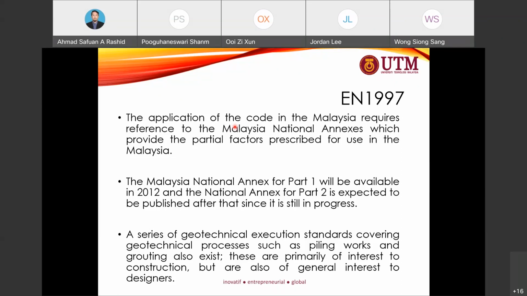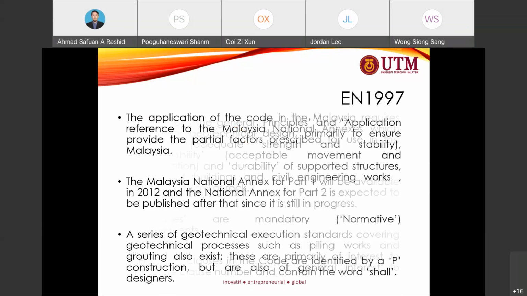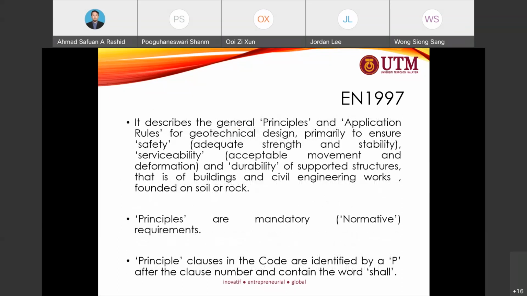Based on my discussion with Prof. Ramli, he is part of the committee for the MS Part 1. He is a member of the technical committee on geotechnical works. He represents UTM, and the other lecturer representing UiTM is Associate Professor Dr. Muhammad Jamaluddin Matno.